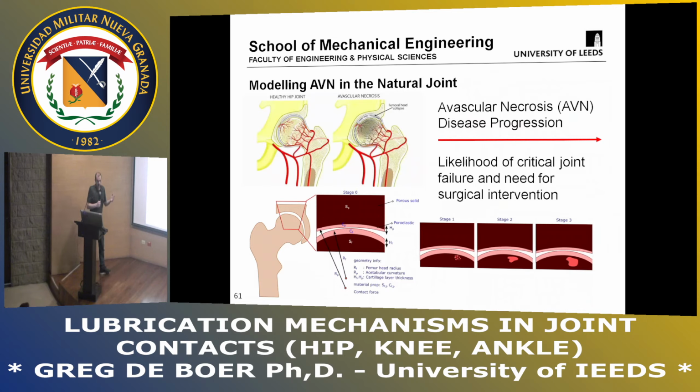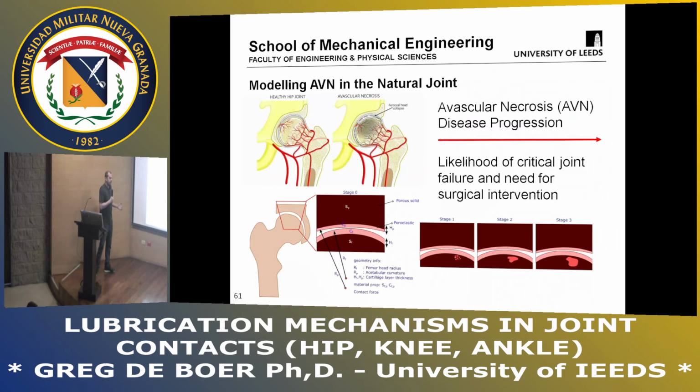So what we want to do in our project is take our model of the cartilage on cartilage for the type of joint, have some nucleation of our disease, and then model the progression of that disease as it grows and the effect it has on the shape of our joint. And then look to see whether we can identify critical failure or where surgical intervention should be made.